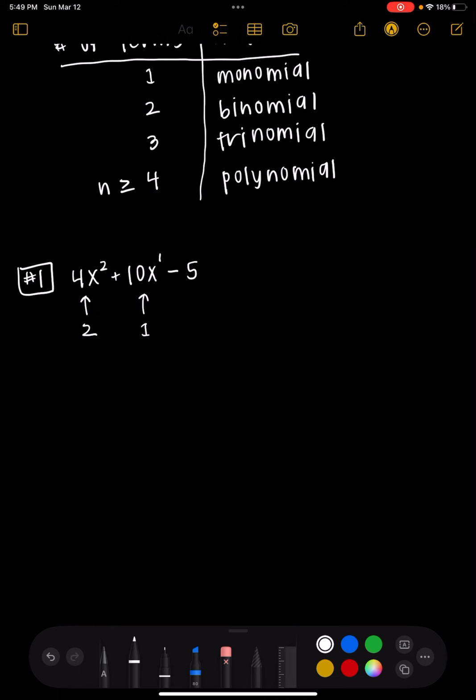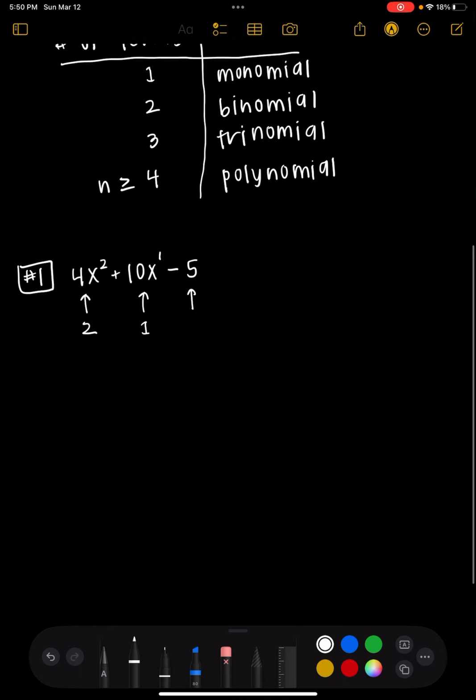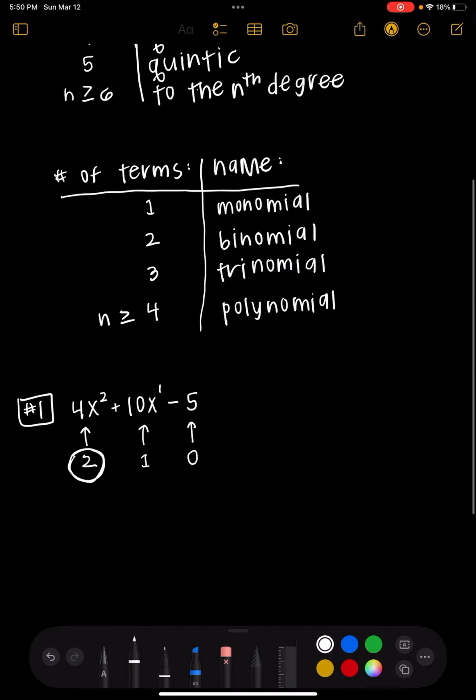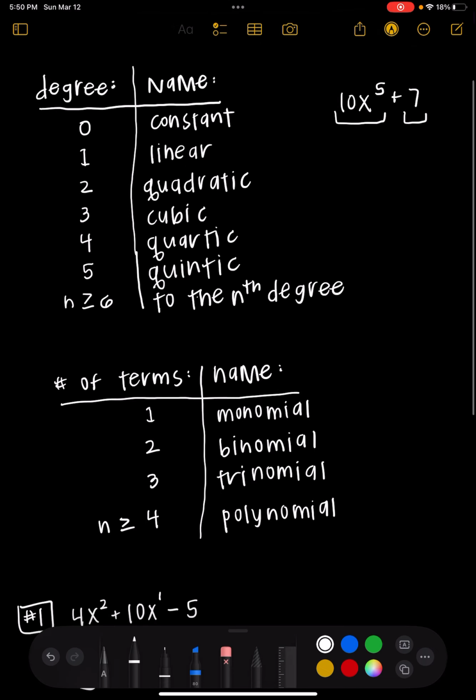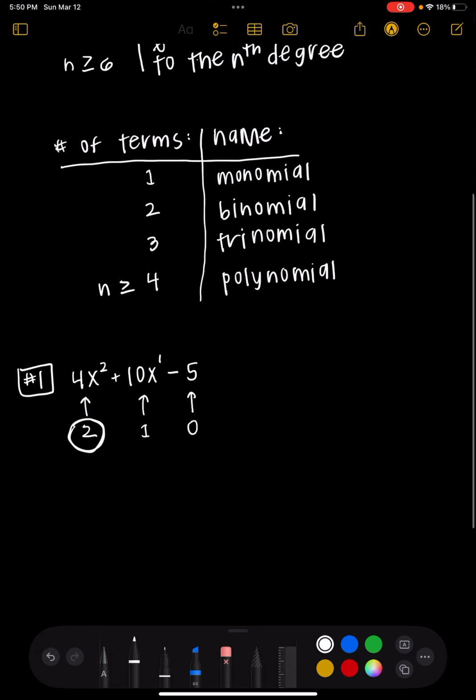It doesn't do anything. And then this one doesn't have an x or an exponent, so it's 0. Once I have all of those exponent numbers, I'm looking for the highest one. Well, the highest one is this 2 right here, which means I'm going to look on this table for degrees of 2. On the top table, a degree of 2 means that it's quadratic. So I know that for this first example, it's going to be a quadratic.